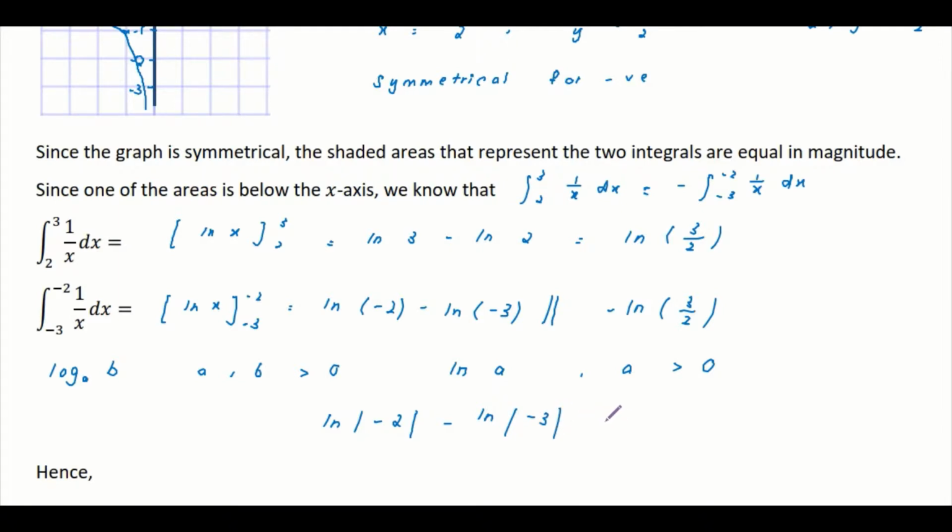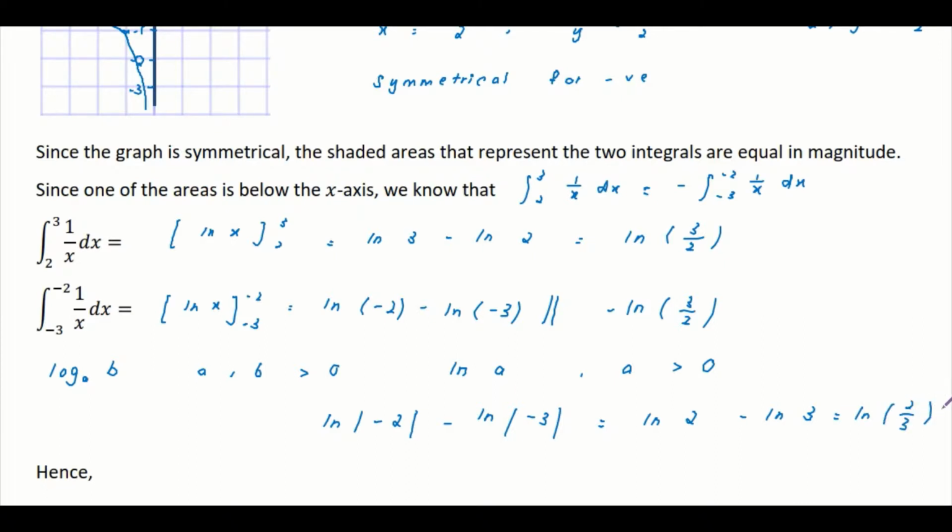Let's check whether you get the answer that you want or not. So equal to natural log 2 minus natural log 3. So what you have here? It becomes natural log 2 minus natural log 3, so ln 2 over 3.